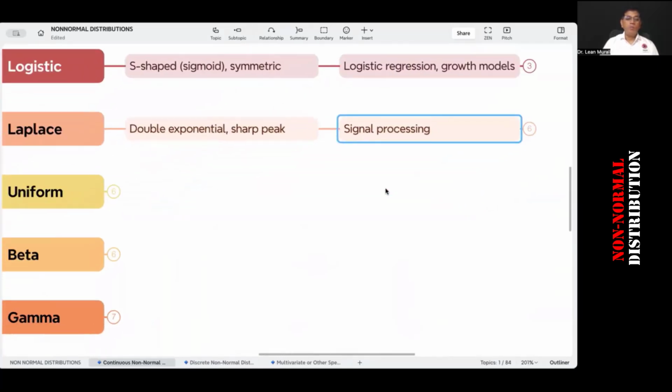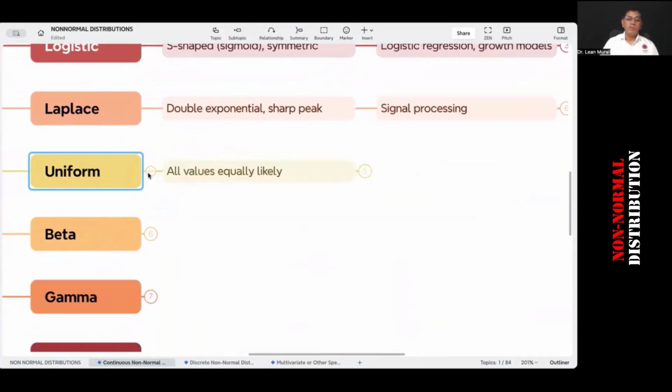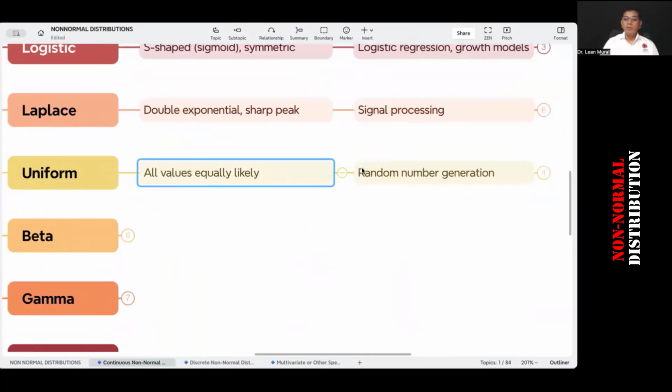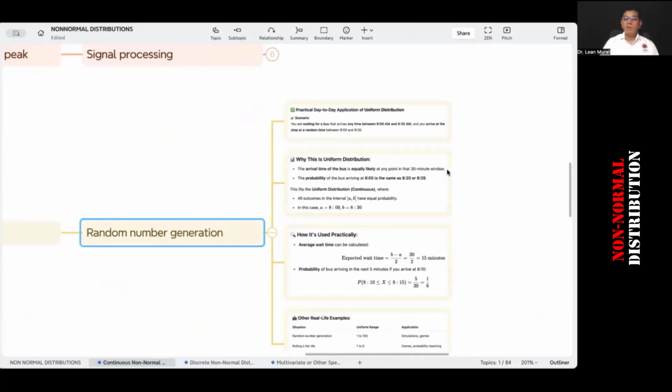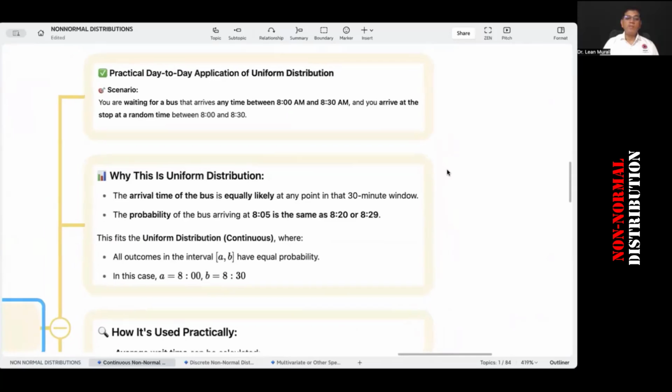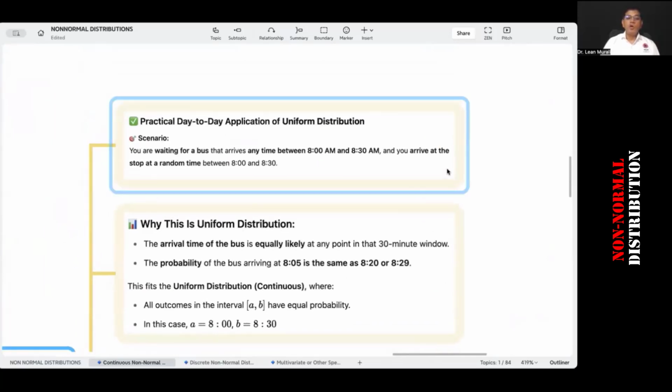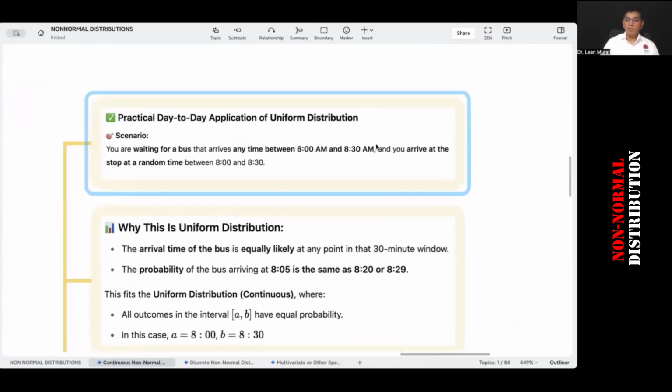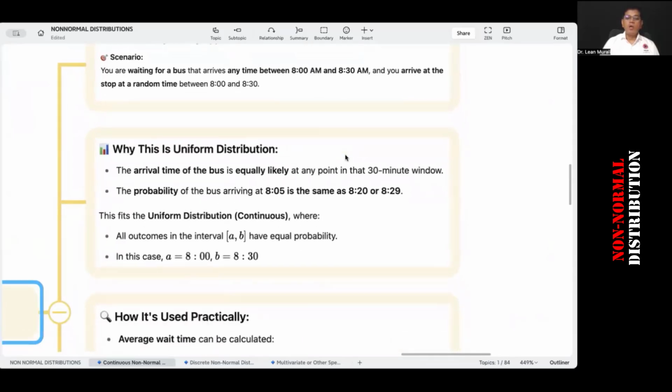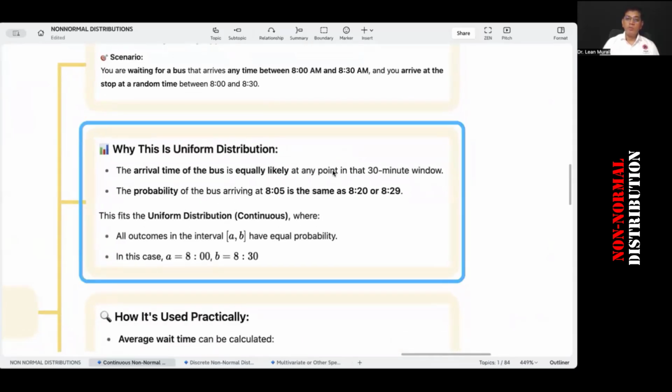Now, uniform distribution, used for random number generation. This is something very familiar to all of us. Say you are waiting for the bus, and the bus will come anytime between 8 o'clock and 8:30. What we mean is that it's a uniform distribution. It can come at 8:01, 8:02, 8:03, 8:04, so all these timings, whichever you choose, have equally likely occurrence.